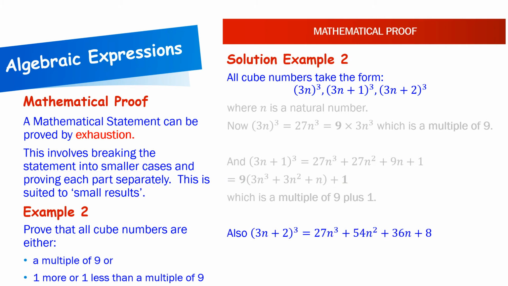Now let's consider 3n plus 2, all cubed, which equals 27n cubed plus 54n squared plus 36n plus 8, once we've expanded. This in turn equals 9 times something minus 1, and therefore we have it in the form a multiple of 9 minus 1, as shown.